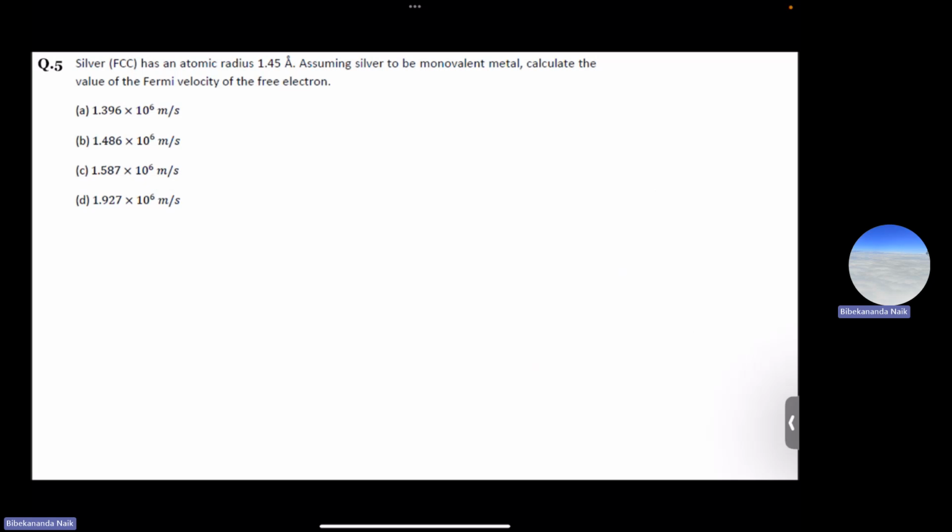Again, we will use the same formula, but here the formula was related to the Fermi energy and the number density.